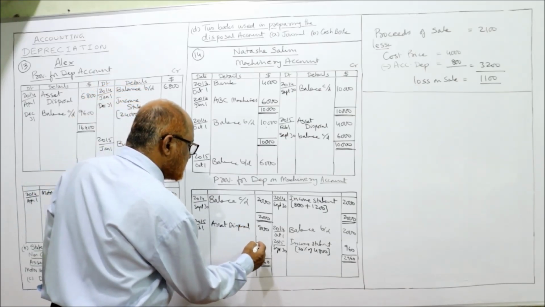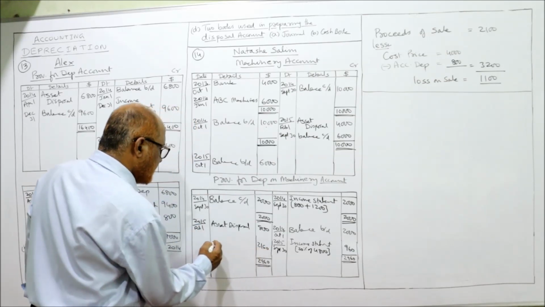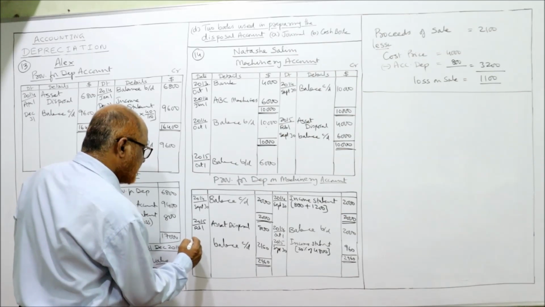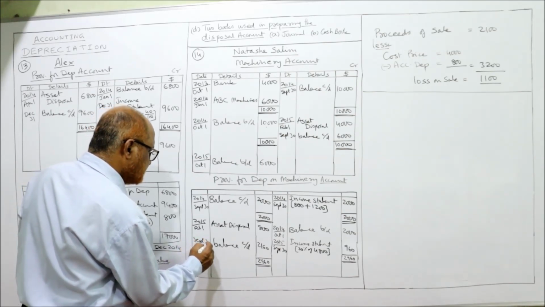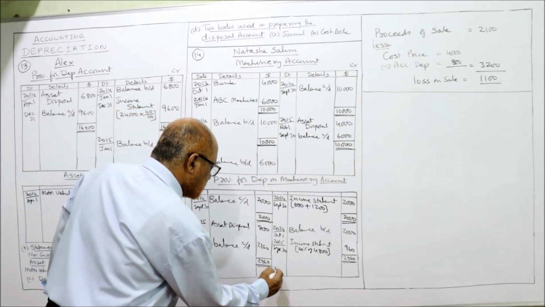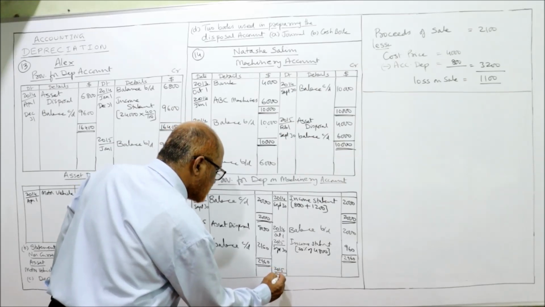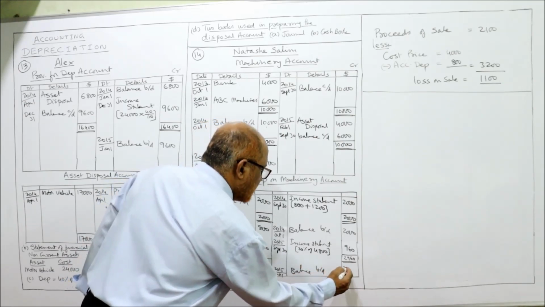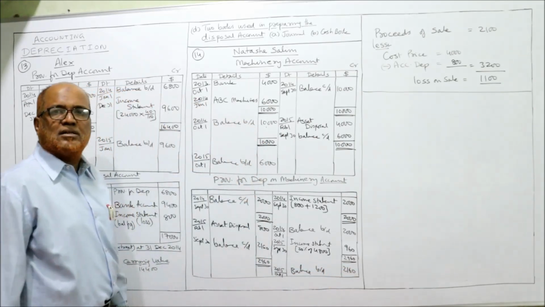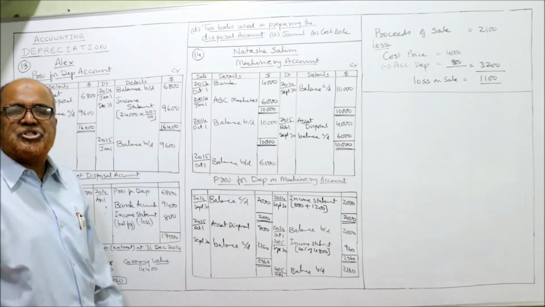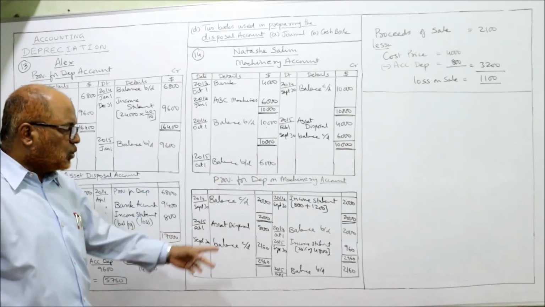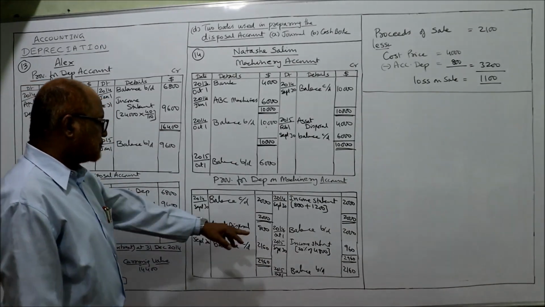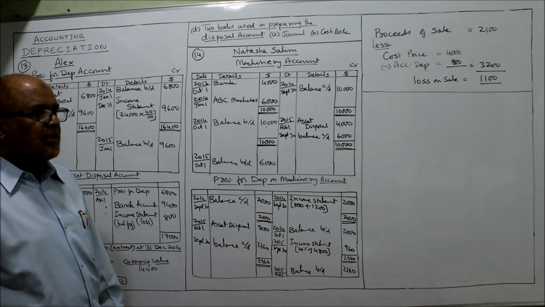So 2,160. Balance carried down. This is last date, that is September 30th. Now here 2015 October 1st. Balance brought down 2,160. That's it. This is the provision for depreciation account. So 2 years, 2014 and 2015.